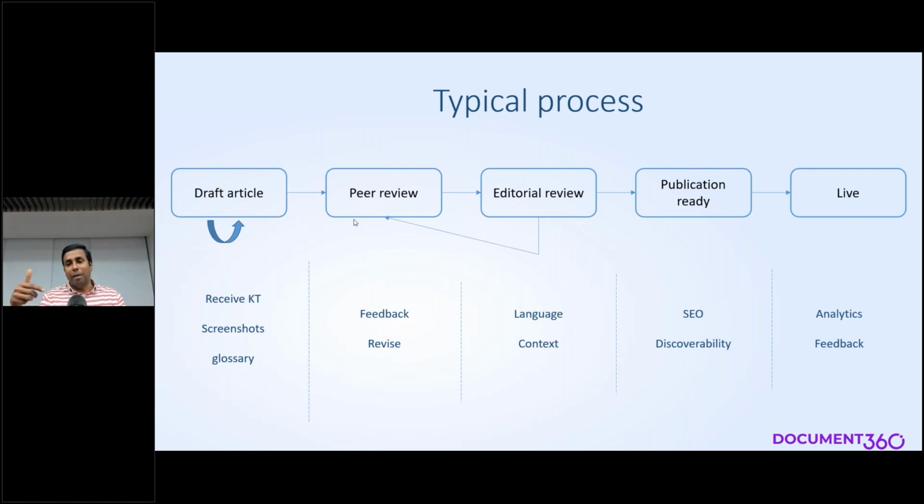And then in the publication-ready stage, we do a lot of SEO to ensure that the content is discoverable and things like that. And after that, it gets published, and that's when it gets delivered to the customer. And from there also, you get feedback. Correct? The audience is what the content is meant for, and they also give feedback through some channels. And then it comes to the technical writer.